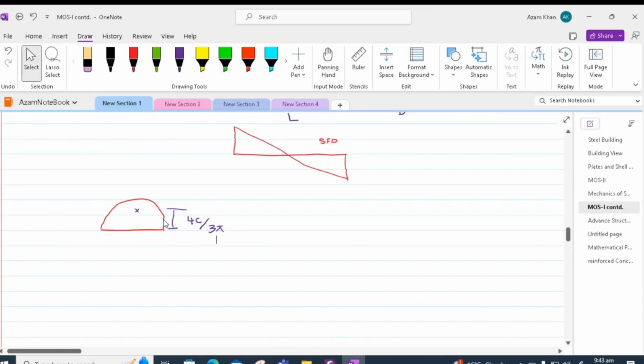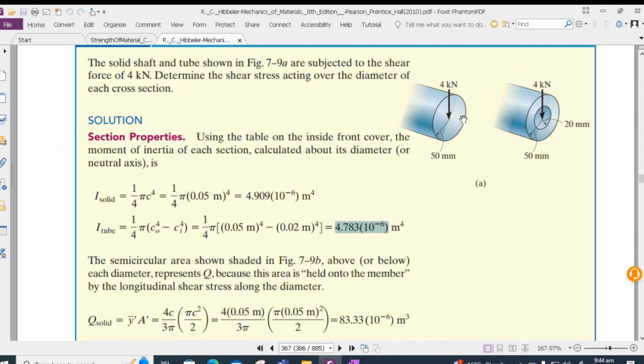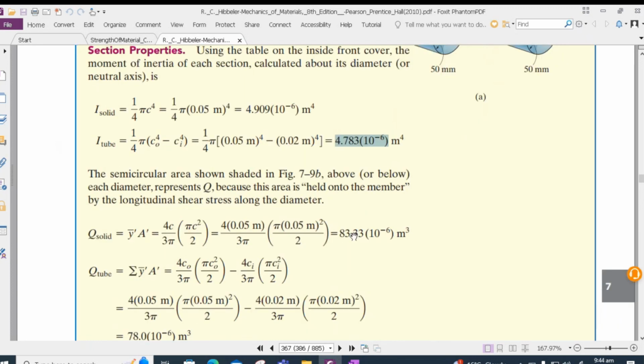So if we have a semicircular section, from the centroid to the maximum diameter region, the distance is 4c by 3 pi if c is the radius of the semicircle. So 4c by 3 pi is multiplied by the area of half of the circle, because half of the shaft is contributing in the shear stress. So plugging the values, we get 83.33 into 10 to the power minus 6 meter cube.